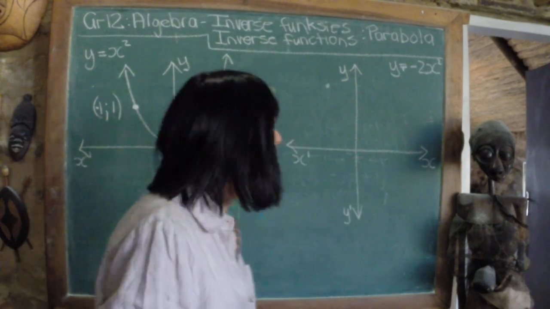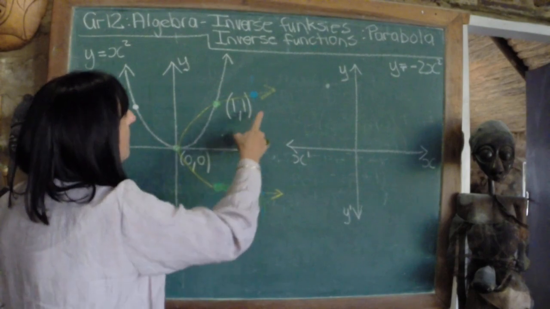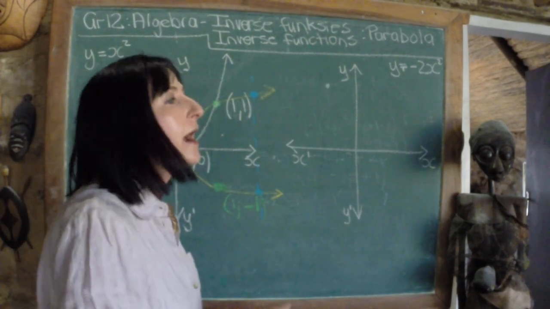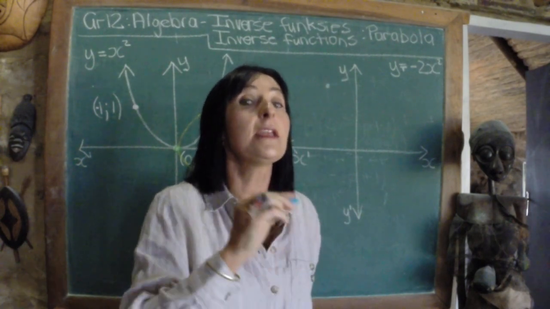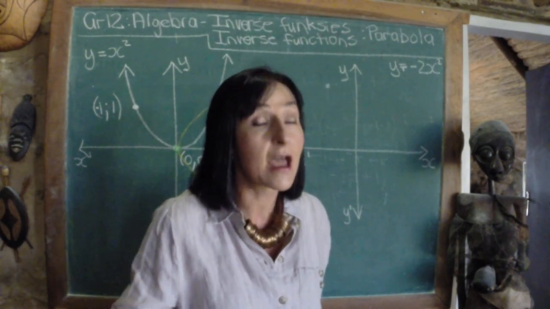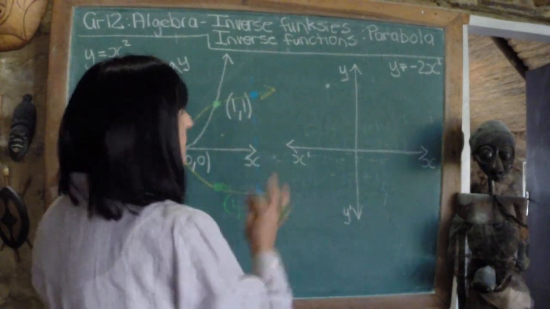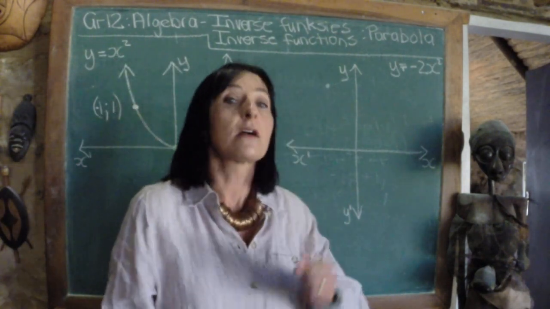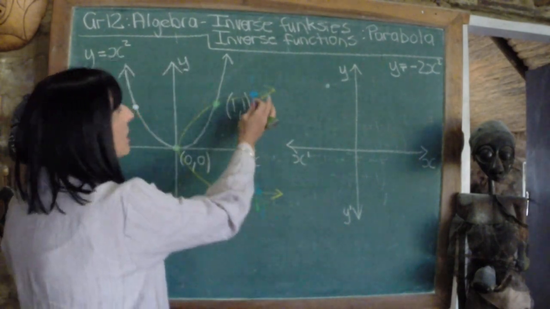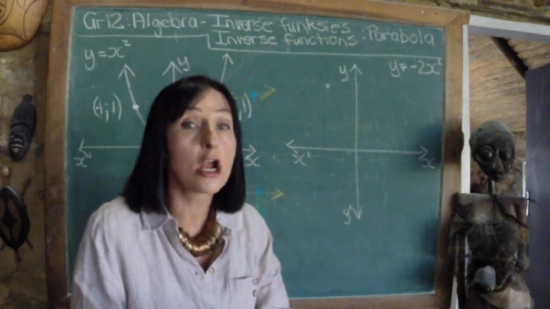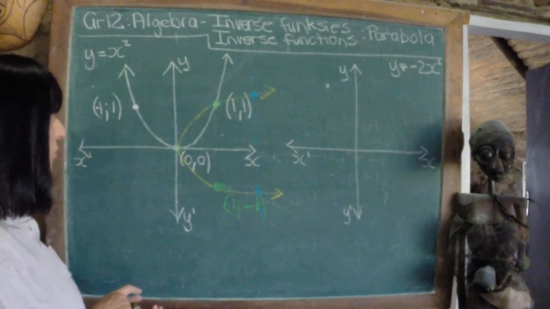So ek kan nie praat van hierdie parabool, y is gelyk aan x kwadraat, as hy 'n inverse funksie het nie, hy het 'n inverse, but it's not a function. It's only an inverse relation. 'n Relasie is enige skets op 'n kartesiese vlak en relasies kan funksies of nie funksies wees. So this is only a relation, but it's a non-function. Very important.